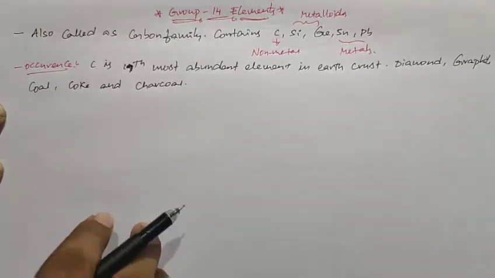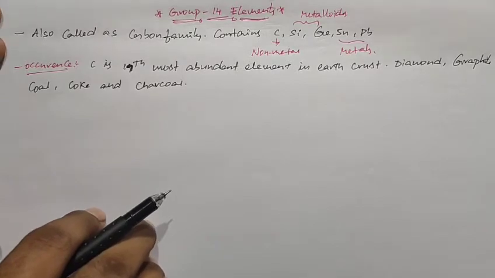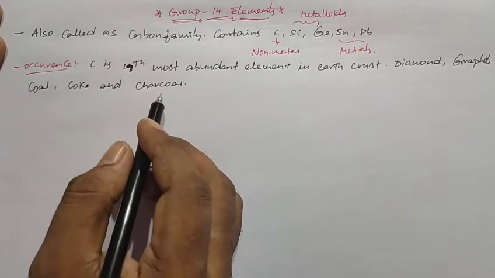Here diamond and graphite are the crystalline forms; coal, coke and charcoal are the amorphous forms.